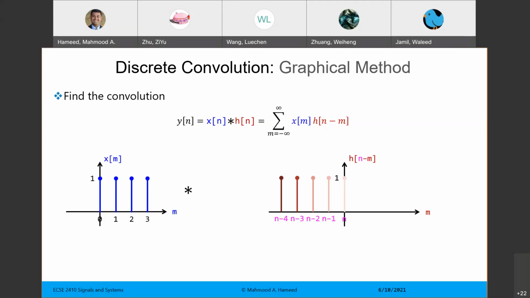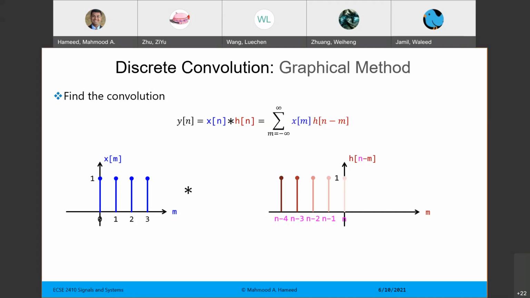Why? Because the signals are different in terms of their lengths. If x and h were both the same height and the same width, you would get a triangle. Are you guys seeing that?